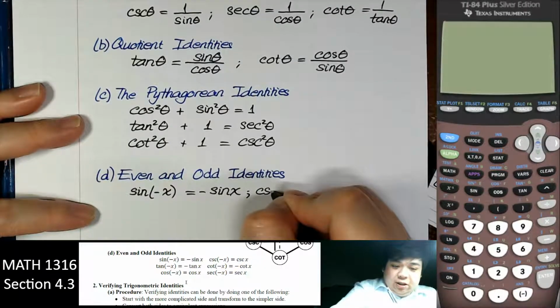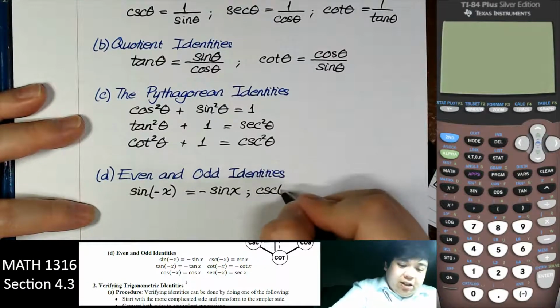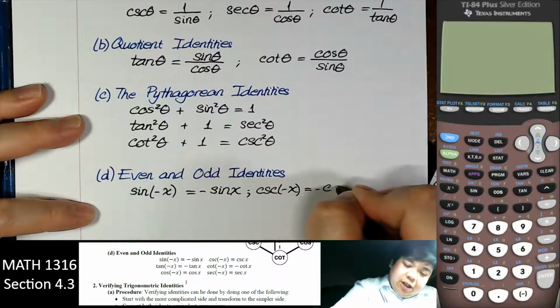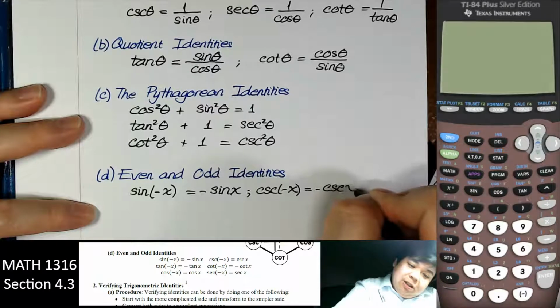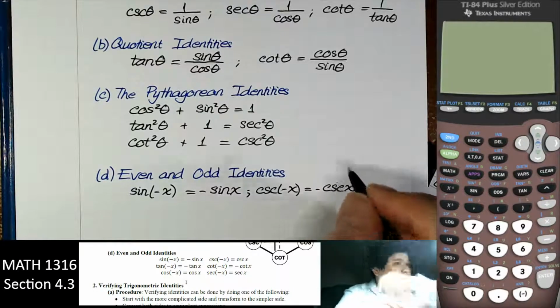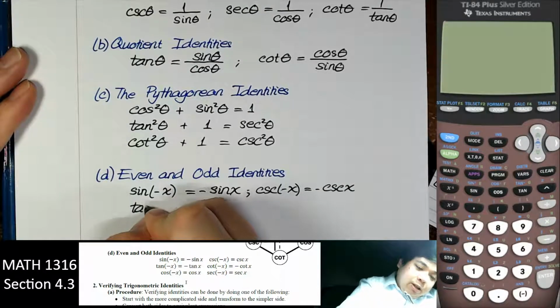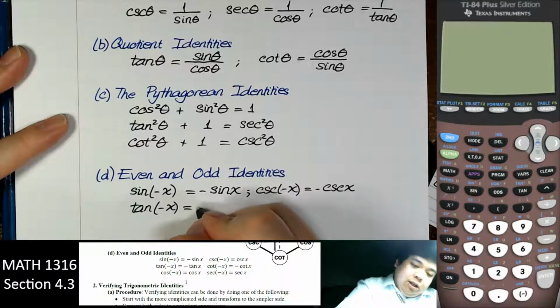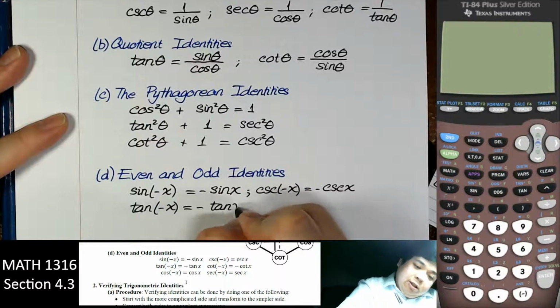Cosecant of negative x is negative cosecant x. Tangent of negative x is negative tangent of x.